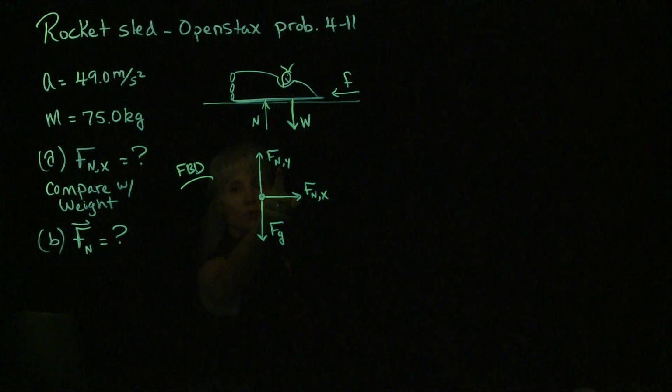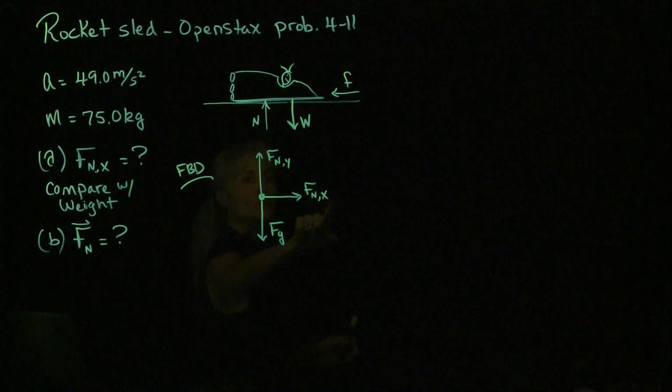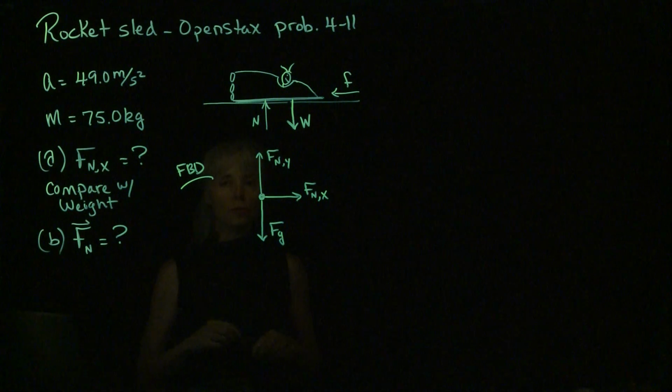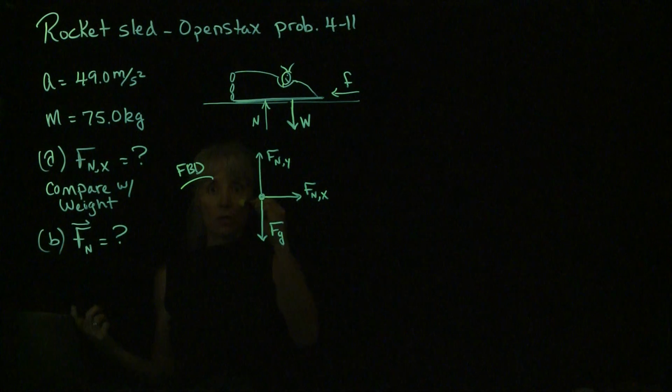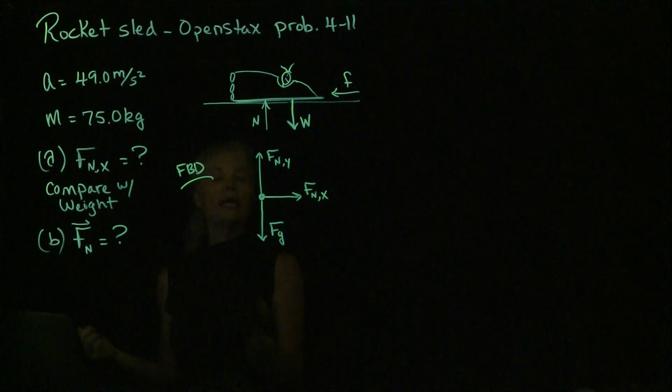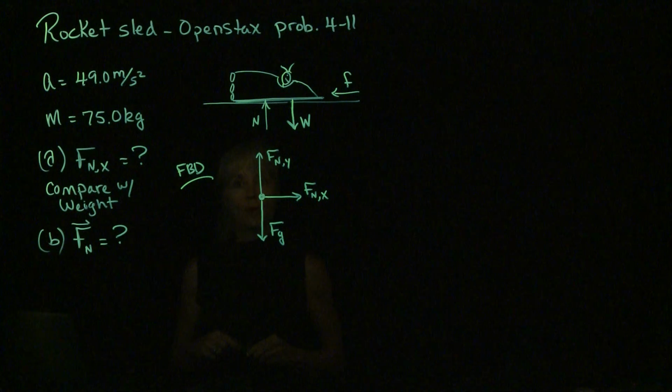So that's the normal force being exerted in the y direction. There's the back of the seat that is pushing him horizontally. So that is the normal force along the x direction. These are the only 2 forces being exerted by an entity he's in physical contact with that we can see with these detectors. And then we want to include the force of gravity. So this is the free body diagram for the rider of the sled.